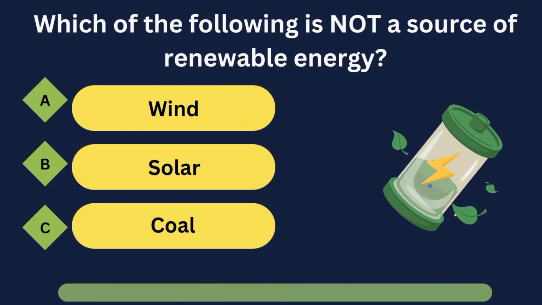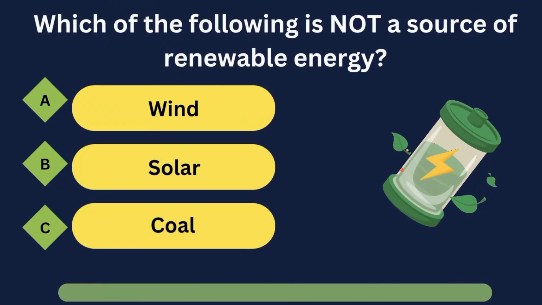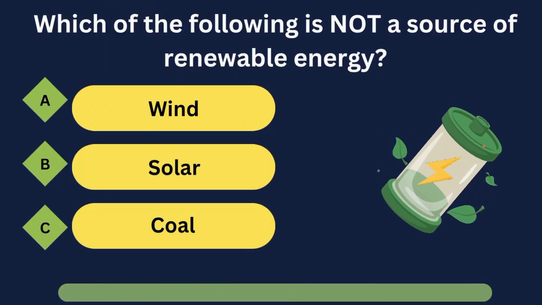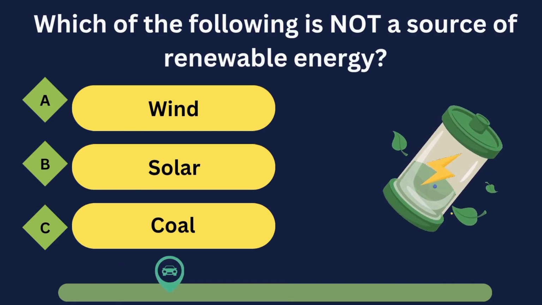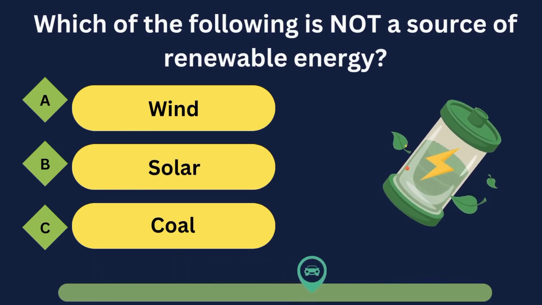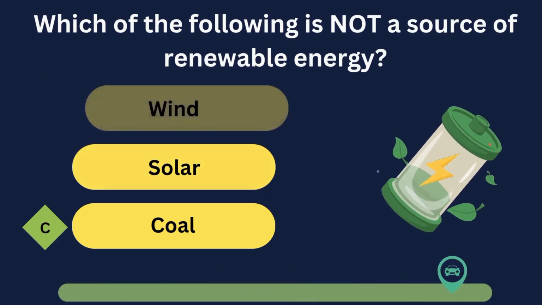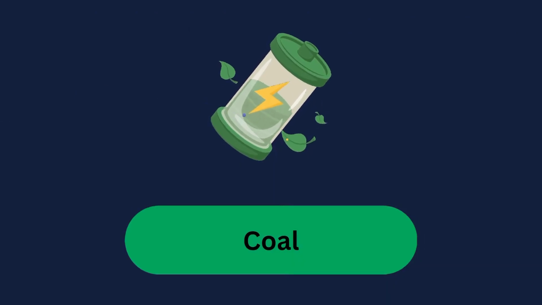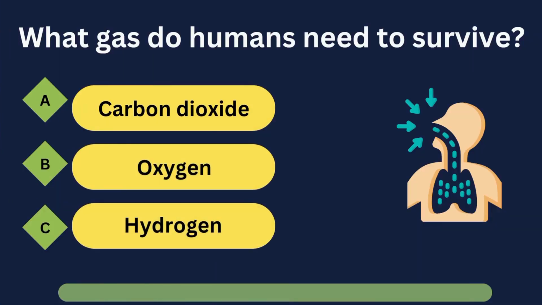Which of the following is not a source of renewable energy? Wind, solar, coal. What gas do humans need to survive? Carbon dioxide, oxygen, hydrogen.